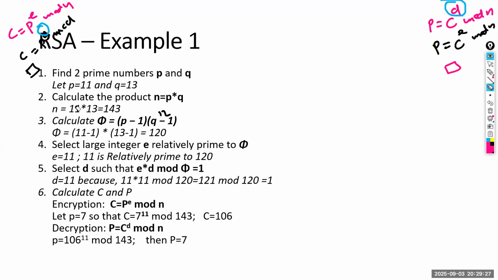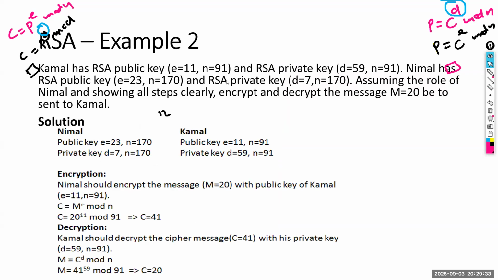Right. So let's do an exercise. This is actually a past paper question. Kamal has RSA public key E equal 11, N equal 91, and an RSA private key.